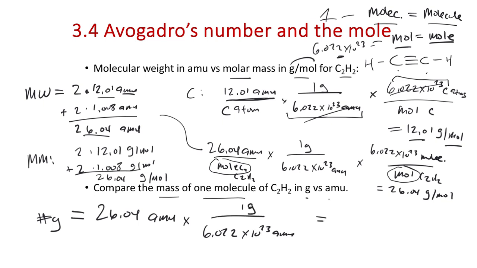So let's divide 26.04 by 6.022 times 10 to the 23 gives me an exquisitely small mass of 4.324 times 10 to the minus 23 grams.